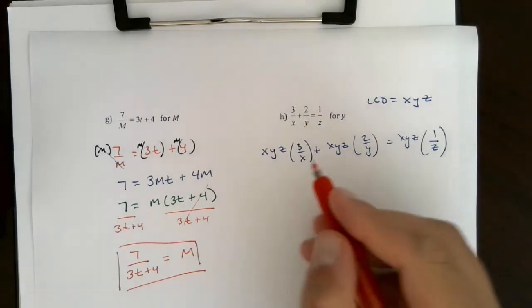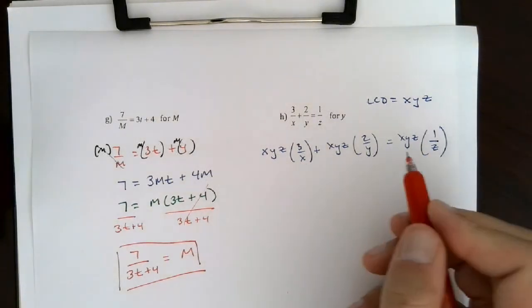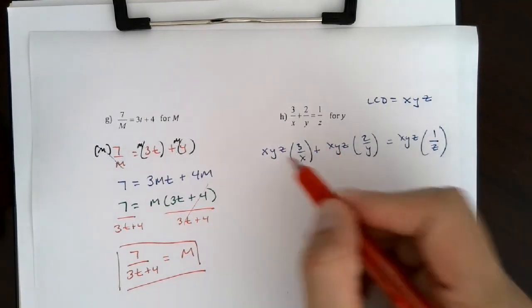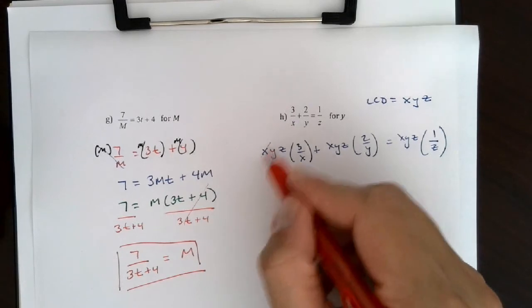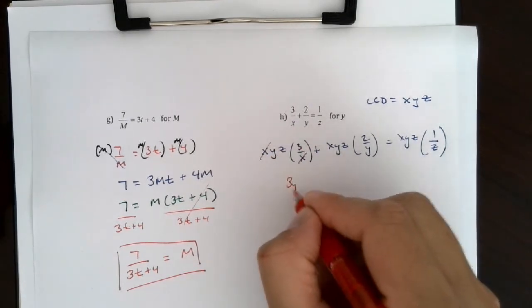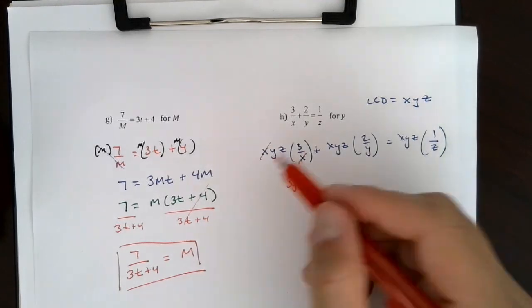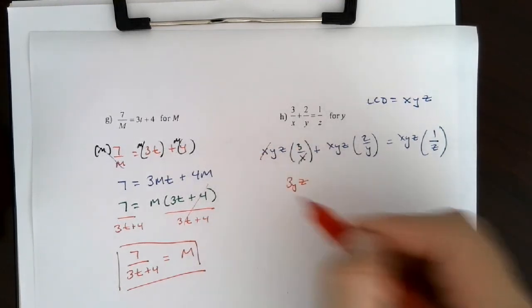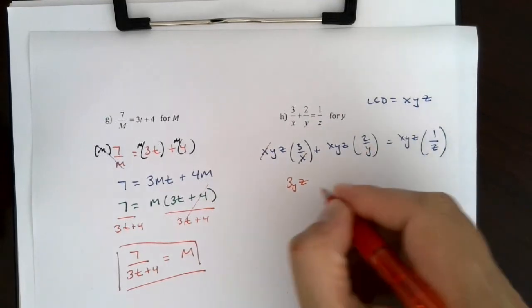To simplify this, remember, the reason we're doing this is to clear out fractions. So we're going to divide out common factors and then multiply by whatever's left. So xyz times 3 over x, the x's will cancel with the numerator and denominator, and you're left with 3 times yz. Unless you'll put over 1 here, but you don't want the fraction anymore. The x's cancel. Anything divided by 1 is just itself, so you have 3yz.